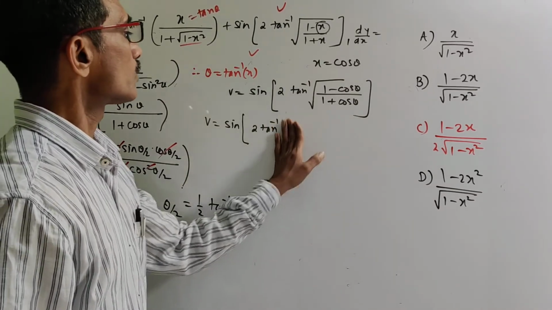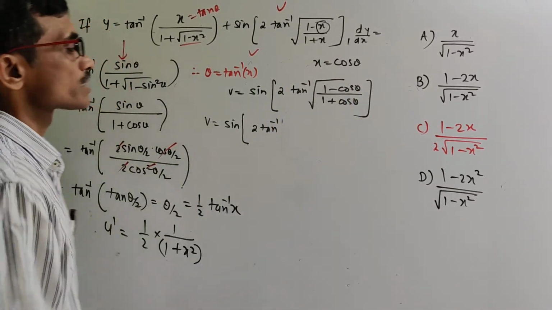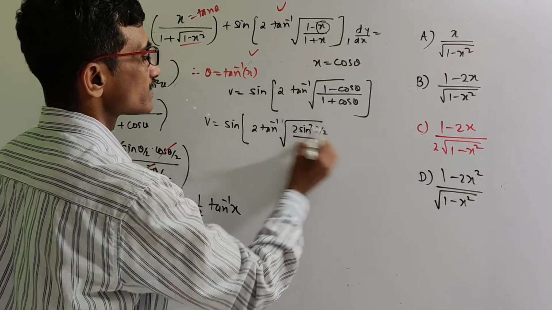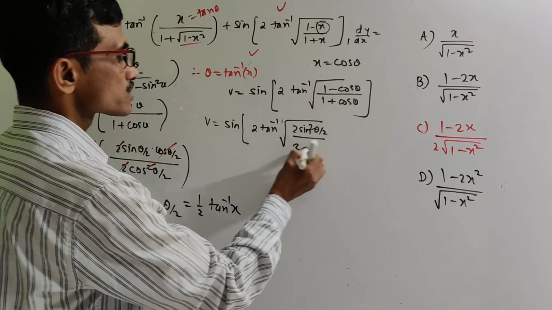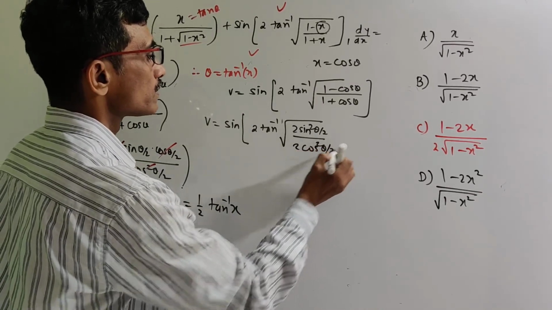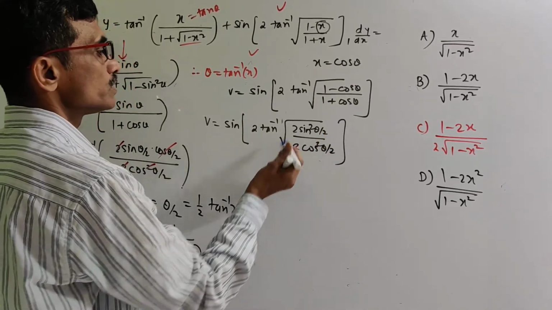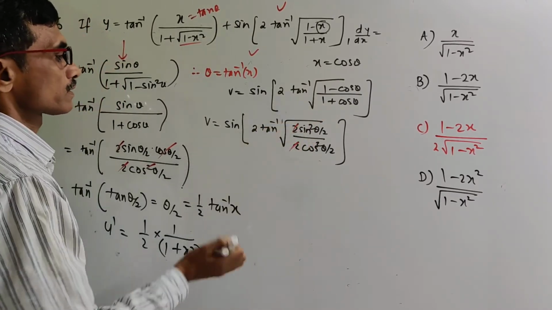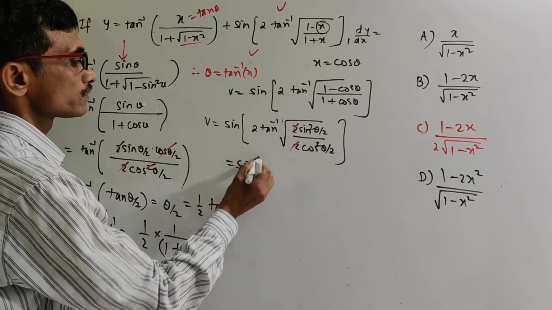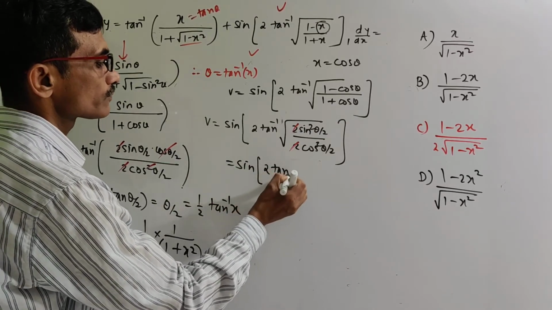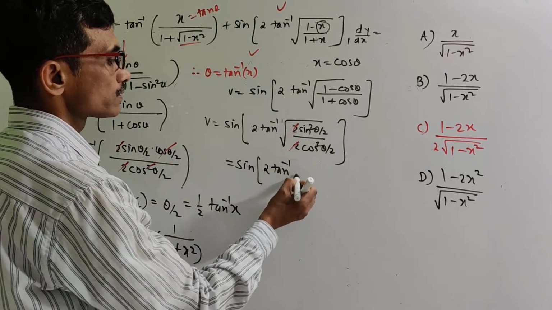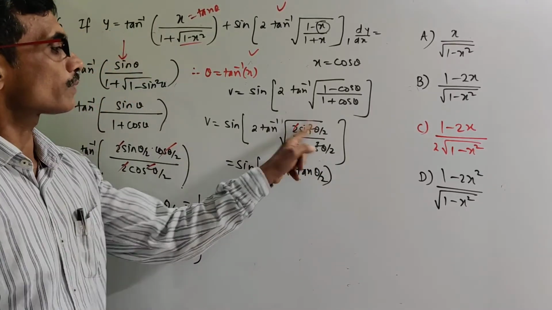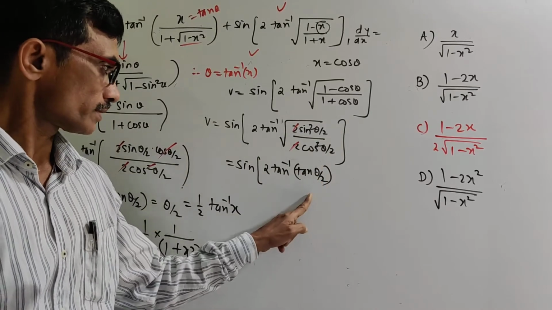Root of 1 minus cos theta is 2 sine square theta by 2, and 1 plus cos theta is 2 cos square theta by 2, which 2 is getting cancelled, leaving tan square theta by 2 under the square root. So sine of 2 tan inverse of root of tan square theta by 2, and it is tan theta by 2.